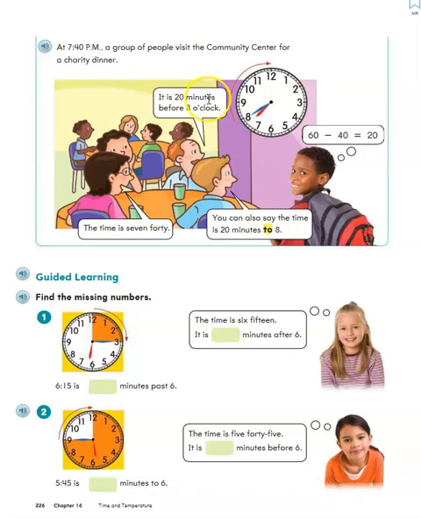And our little helper friends are telling us different ways that we could say 7:40. One thing we could say is the time is, well, 7:40. That's what she says. We know that one. Now, notice our helper friend over here is saying 60 minus 40 equals 20.